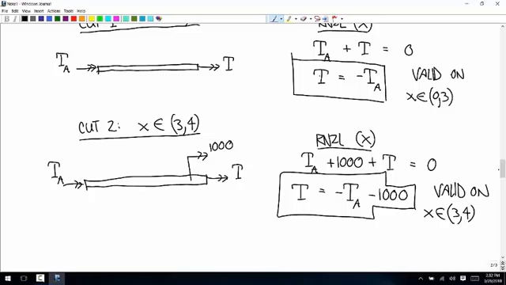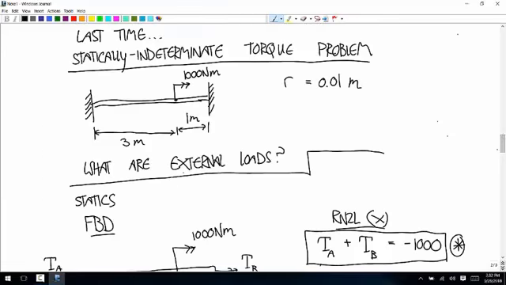And now the final restriction says, since this is a fixed support, we don't know what the angle of twist is at any of these points in between the two supports, but we know that there's no angle of twist between this and this point, okay? It can be twisted here, anywhere in between, but it has to go back by the time it gets here to that starting twist, because those can't slide on the wall.